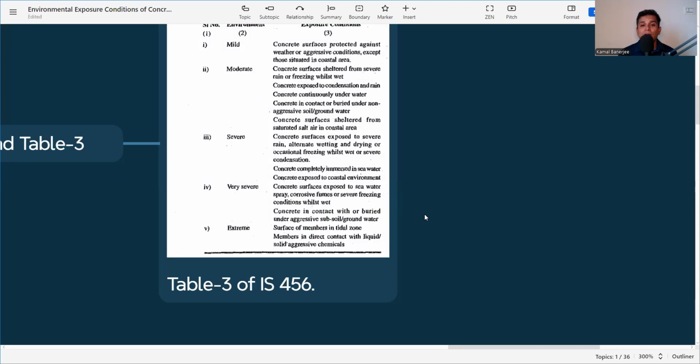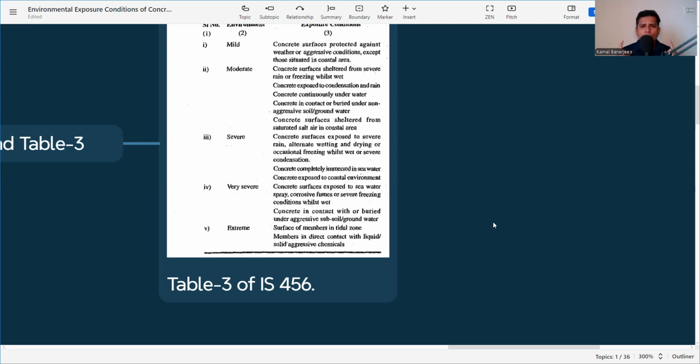What does it mean? That concrete is exposed to seawater spray. It is not directly in the sea, but it is exposed to the seawater spray. That means high salinity and chloride ion exposure, and corrosive fumes and freezing conditions. That means temperature can go below the freezing point, and aggressive subsoil and groundwater. So it is in contact with aggressive subsoil.